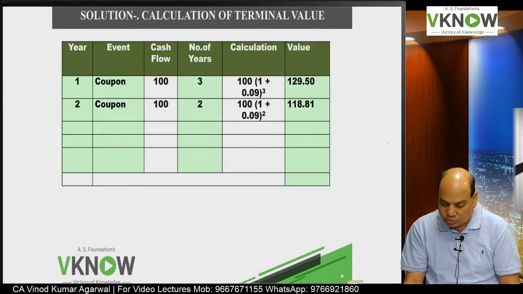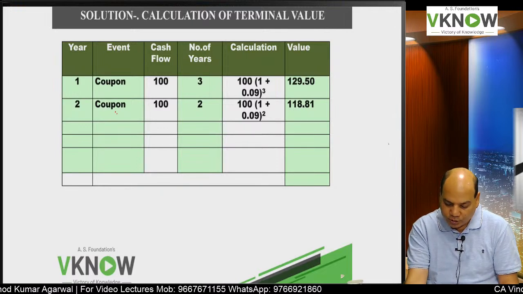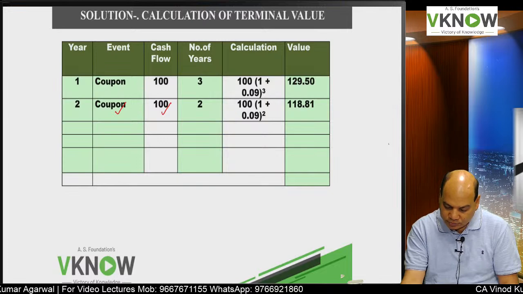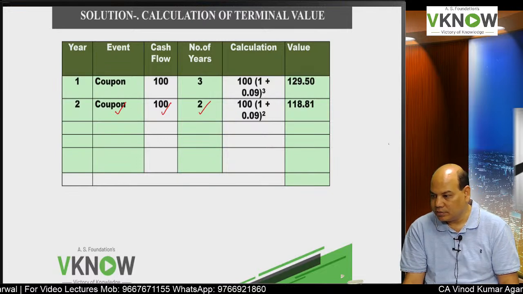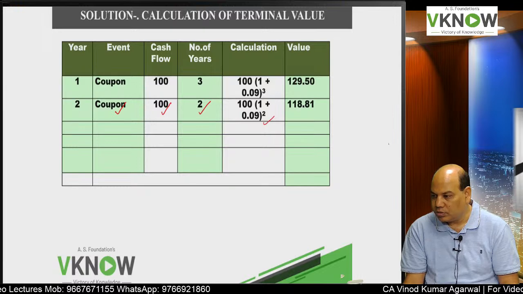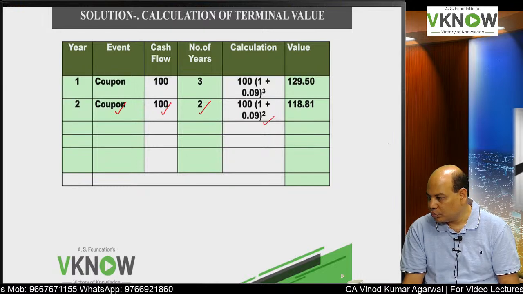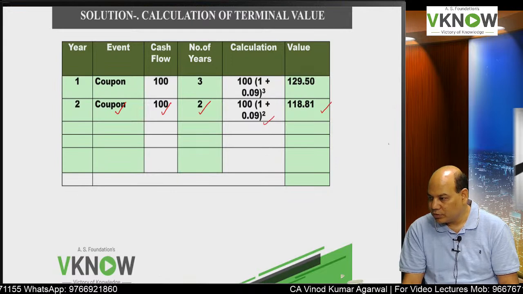Okay. Now go to year 2, do the same thing. In year 2 you will receive coupon 100 rupees. Number of years for which this 100 will be invested will be 2 years. Future value 100 into 1.09 to the power 2. So that comes to 118.81.